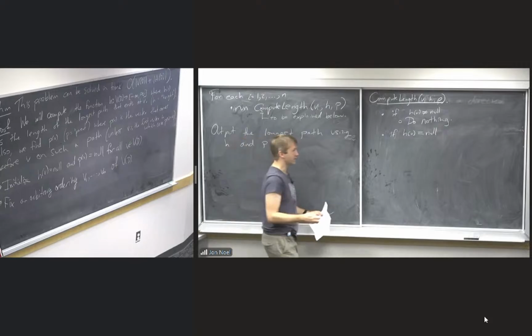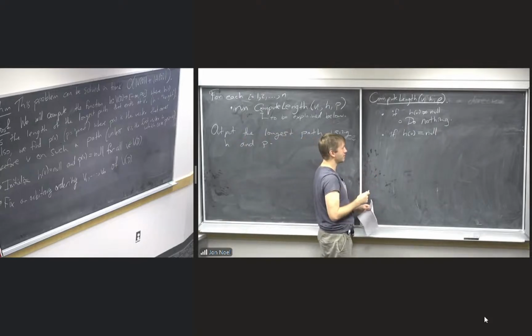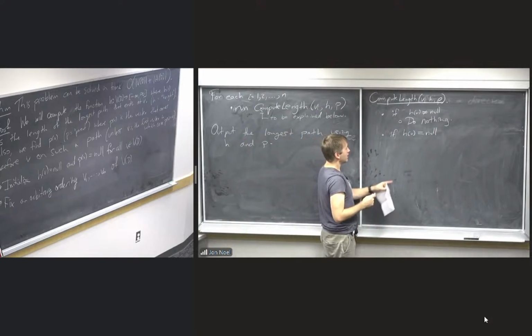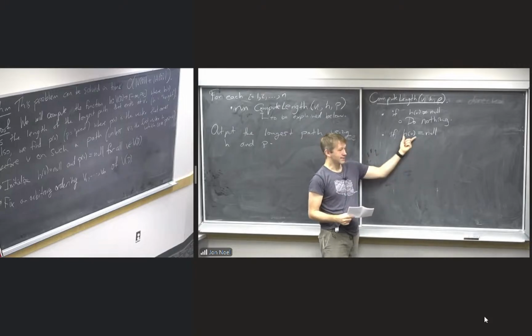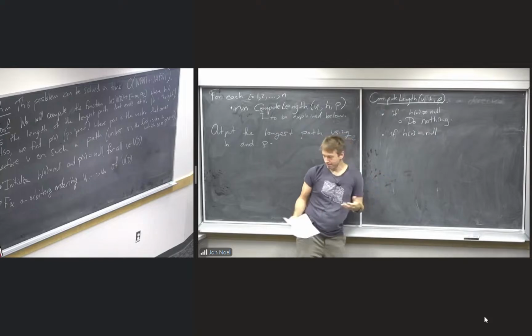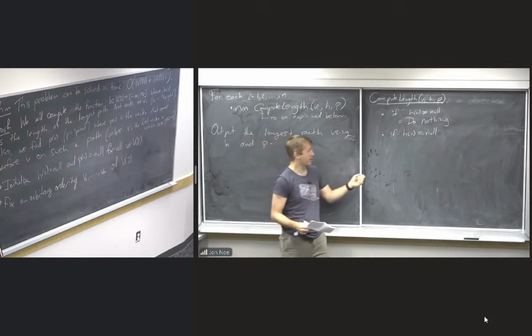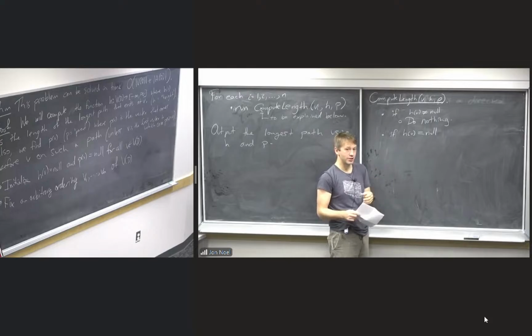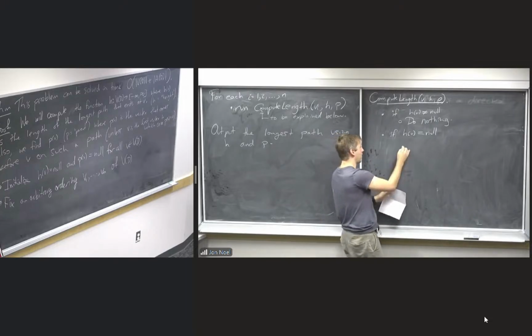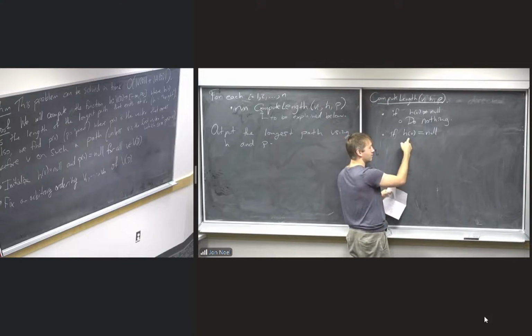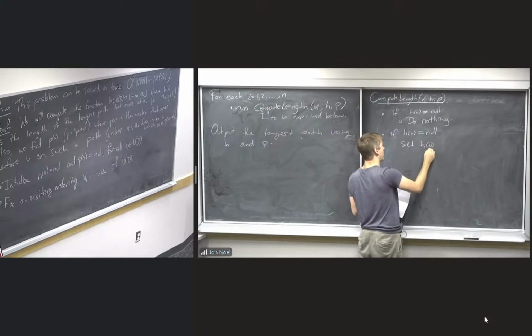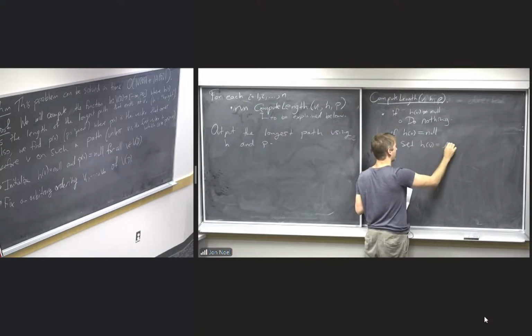I'm noticing there's a slight mistake in my notes, but I'm going to just fix it now. So if this height hasn't been computed, here's what I'm going to do. I'm going to first say, okay, maybe the longest path that ends at v could just be the path that contains v. So as a first guess for the height of v, I'll set h of v to be the length at v.